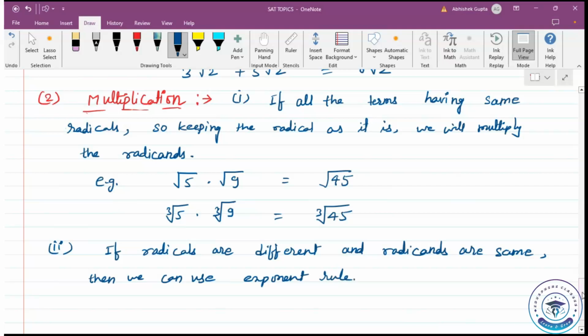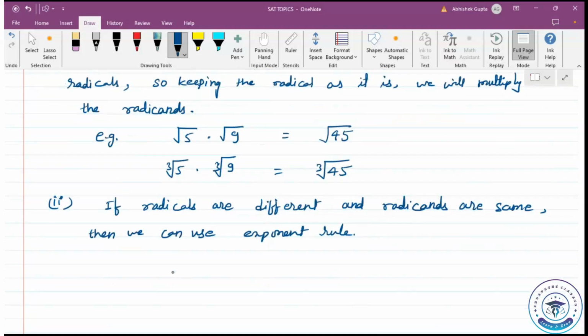How will we do this? The radicals are different, but the radicands are the same. Suppose square root of 2 times cube root of 2.